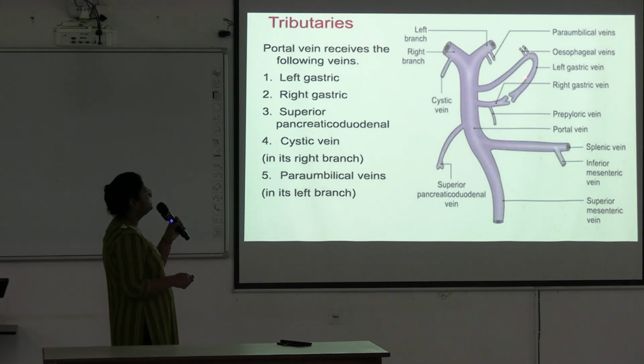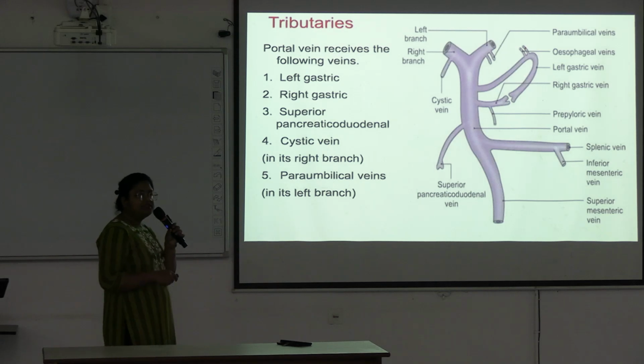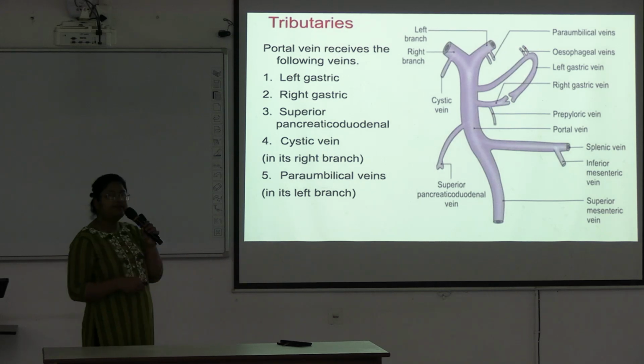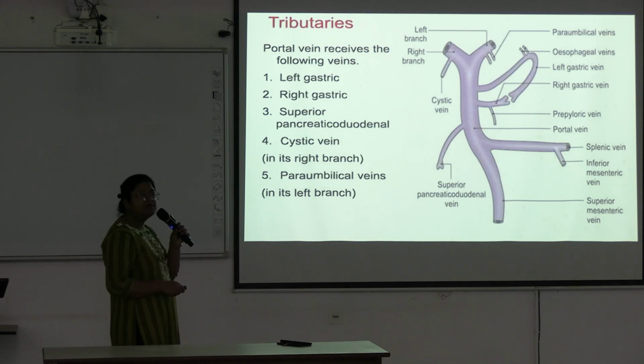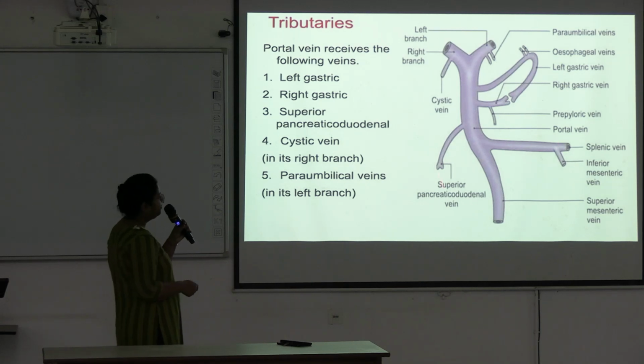And you can see the esophageal veins which are responsible for esophageal varices. These are also draining into the left gastric vein, and here you can see the inferior mesenteric vein that is also draining into the splenic vein, which is a formative tributary of the portal vein.